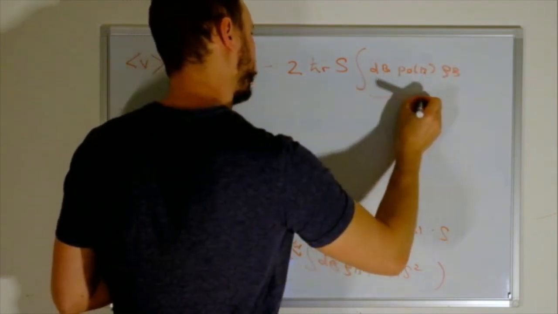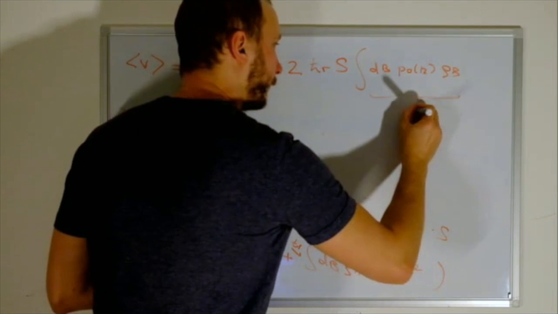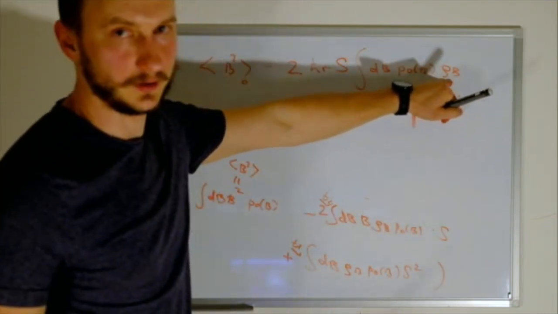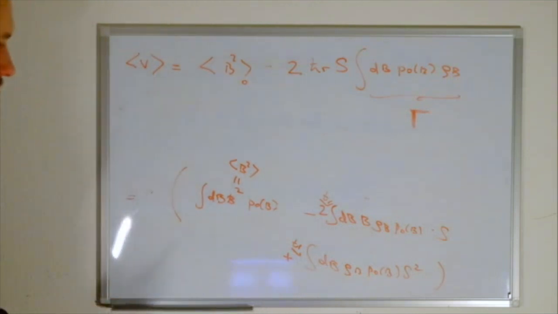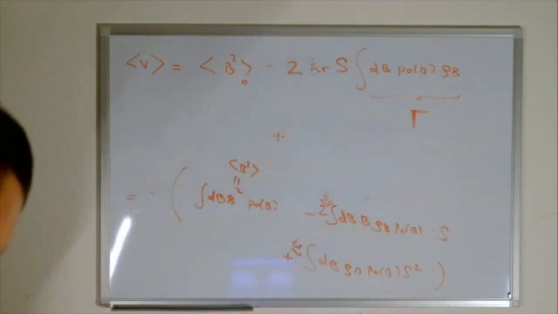We will call this operator gamma. So gamma is basically the average density matrix over all possible values of b. Finally, the last term is plus, the same story.